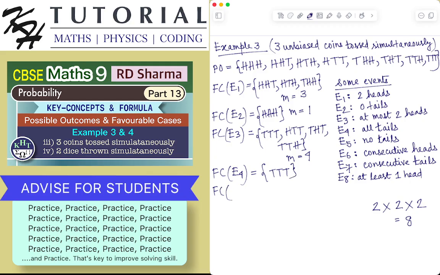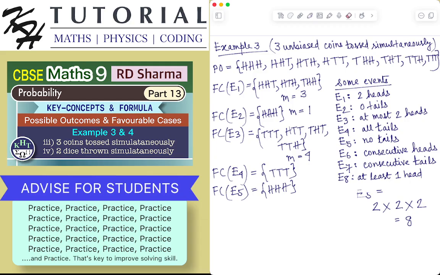E5. E5 says no tails. No tails means all heads. So head, head, head. Is event E5 identical to any event yet?